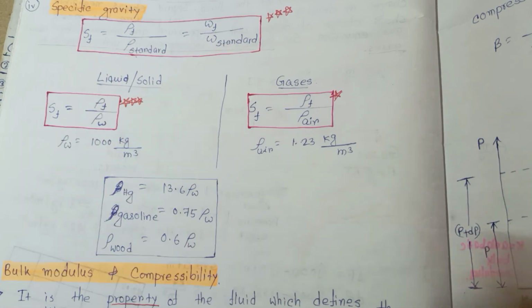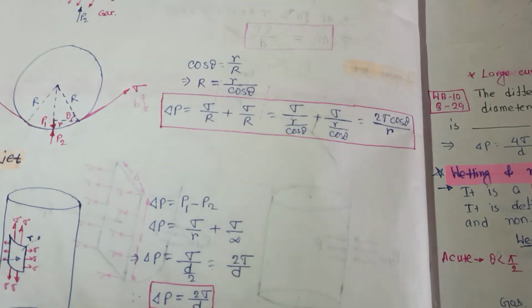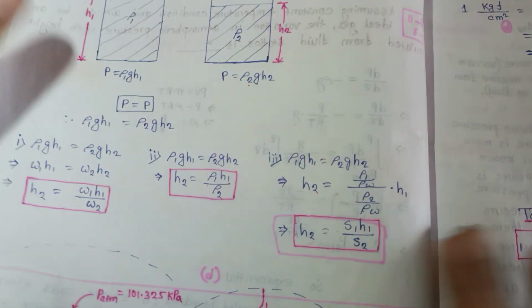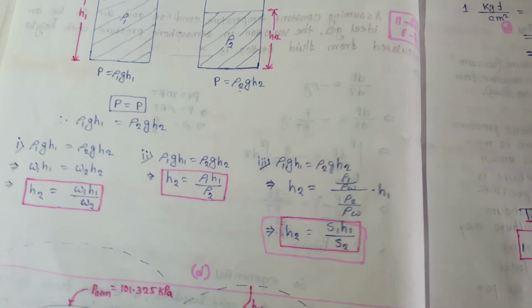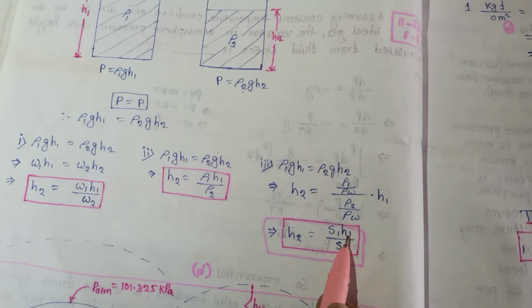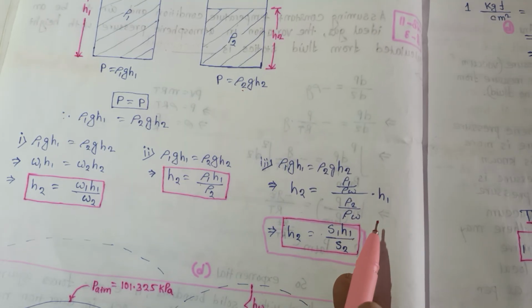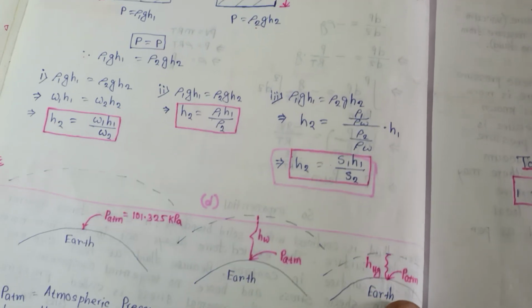So h2 equals s1 into h1 by s2, where s2 is ρ2 by rho of water.